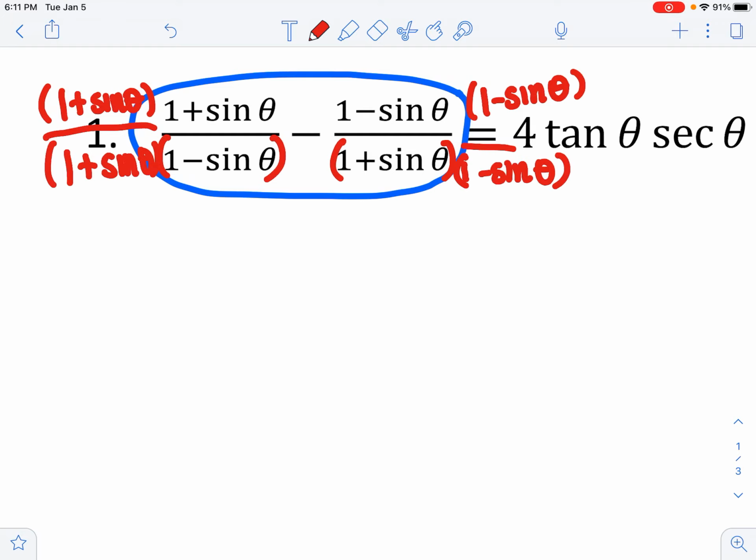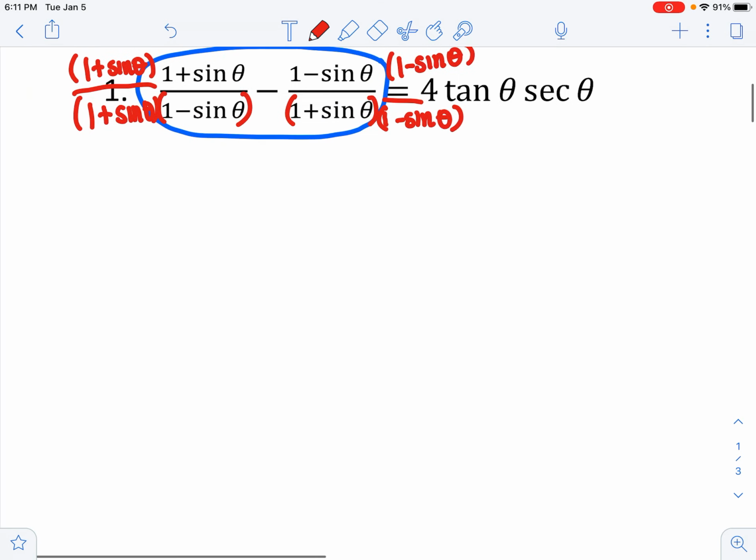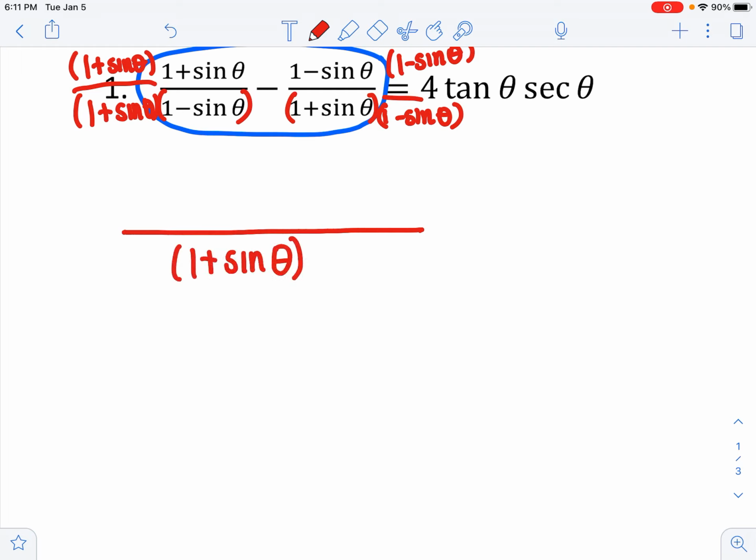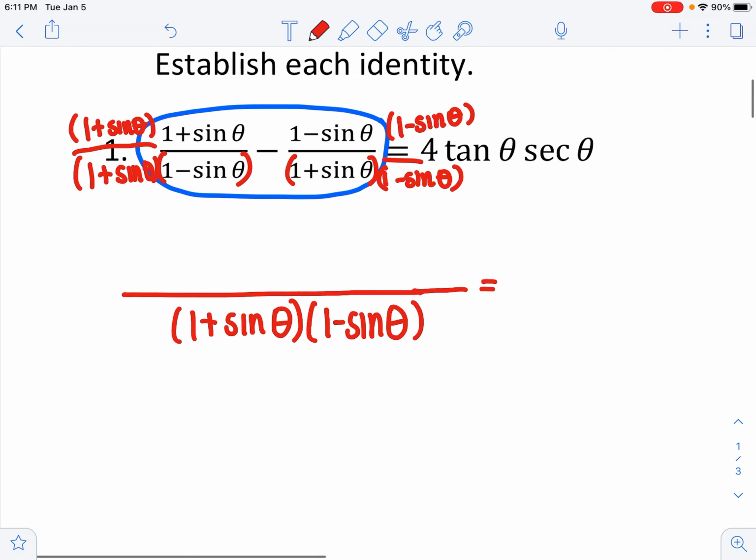Okay, so whenever I am making 2 fractions 1 fraction, I make it 1 fraction in the next step. Okay, and I make the fraction bar pretty long because there's going to be a lot of stuff in the numerator. Okay, so in my denominator, I have my common denominator, which is 1 plus sine times 1 minus sine. And then I'm going to put the equal sign there, okay?